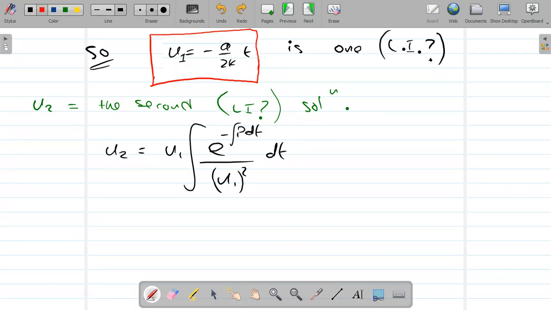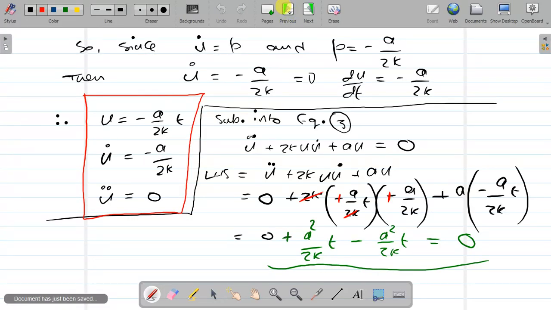But the problem is we've got this integral here. And what is P? Well, if we go back to the previous equation, let me just ring what P is.